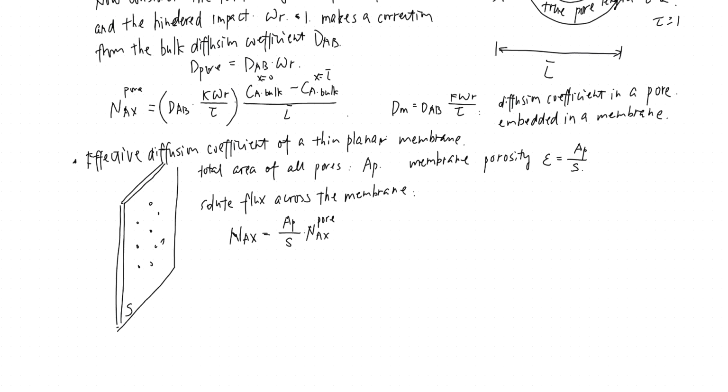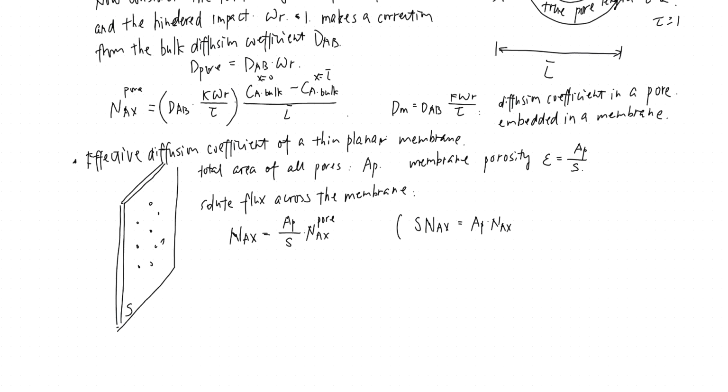Another way you can look at it is you think about the flux per unit time. So if you have S multiplied by NAX, the surface area of the membrane multiplied by the flux across the membrane, it should be the same as the total area of all the pores multiplied by the flux through the pores.